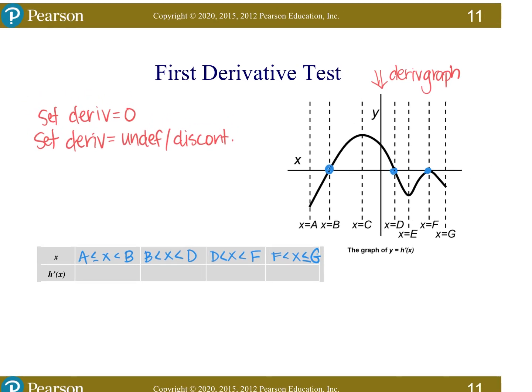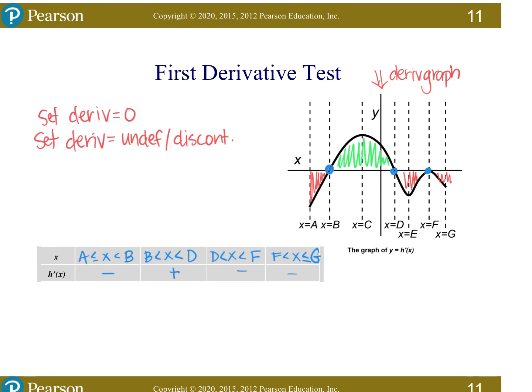Then you're going to analyze it with above and below. So below the x-axis, that would be a minus. Above the x-axis, that would be a plus. Below the x-axis, a minus. And below the x-axis again, which would be another minus.